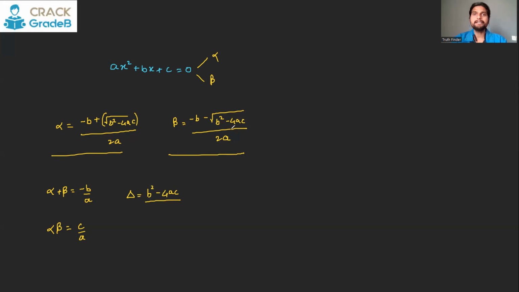Now, that discriminant tells you about the nature of your roots. So if the value inside the root becomes negative, that means if delta is negative, then inside the root you put a negative value, which makes it a complex number, and hence the roots will be complex.